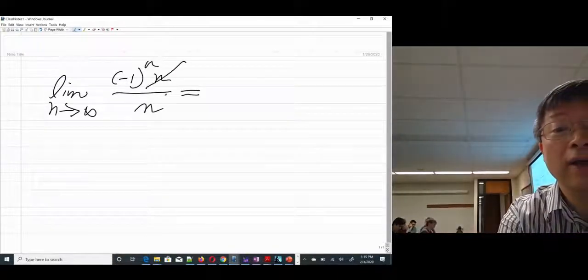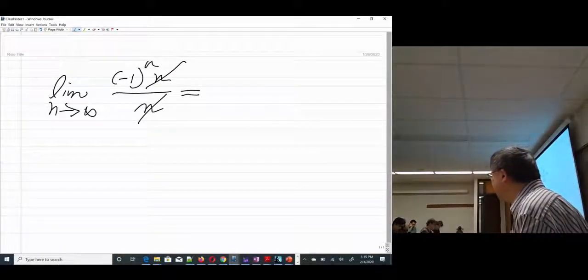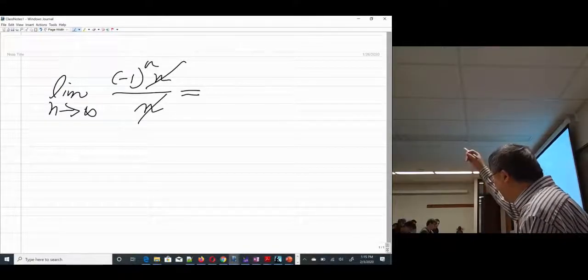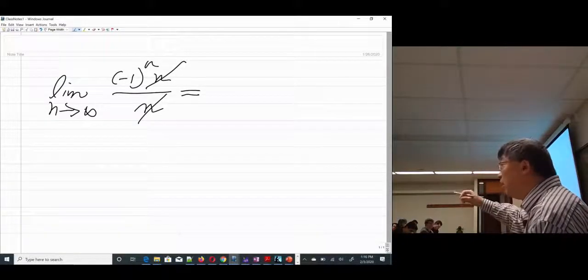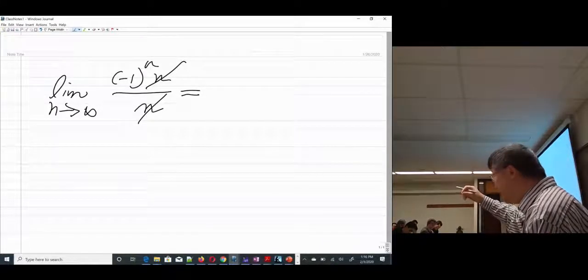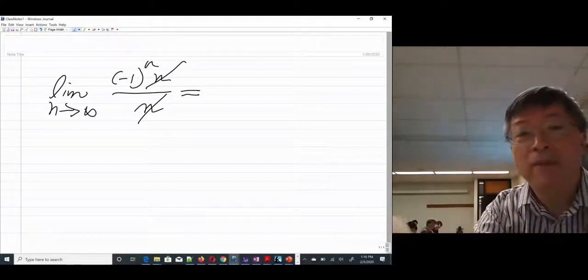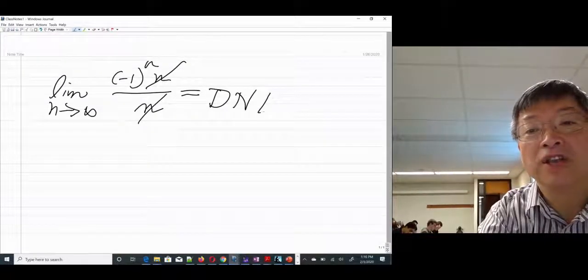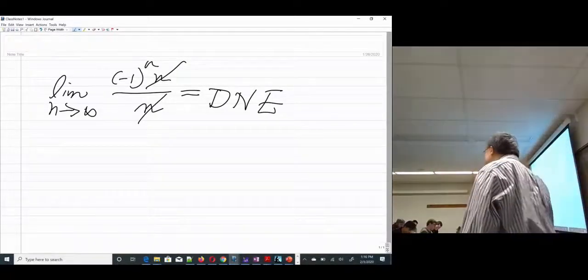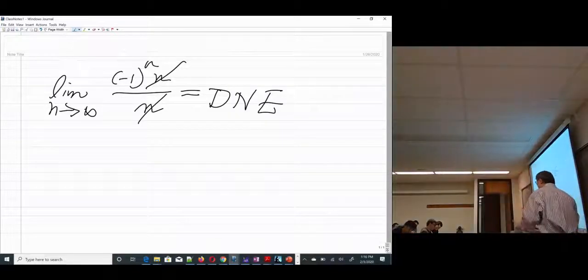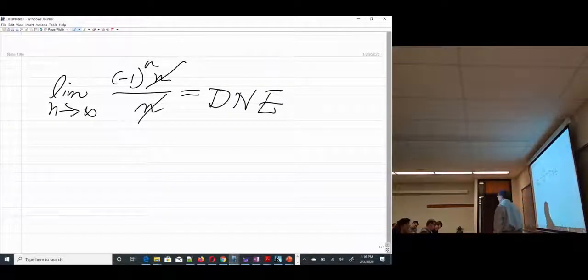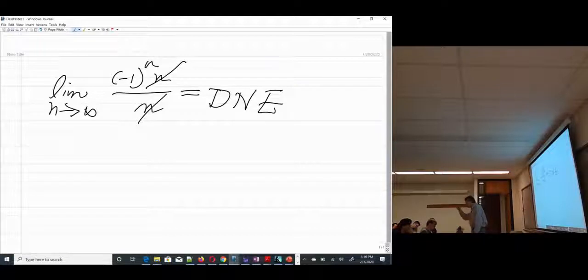So n cancels out. What's that limit? +1, -1, +1, -1. When you see that, is there a limit? No limit. The limit does not exist. Can we put this in the other case? Because that means it's not 0, it is not infinity, it is not a non-zero constant C. So we put it in the other case. Does not exist. That's a simple example.